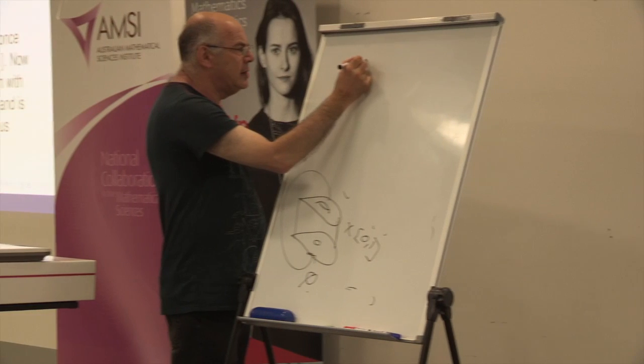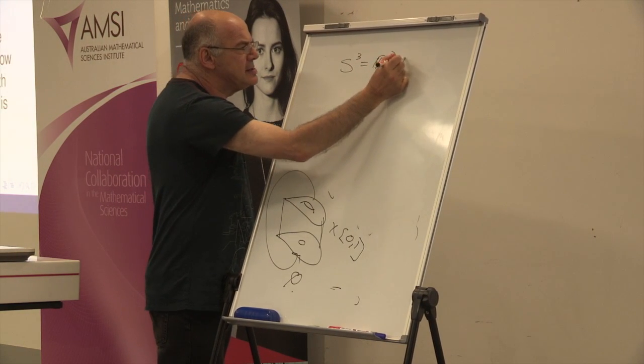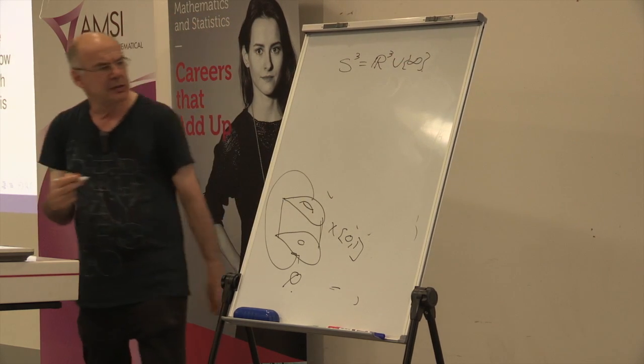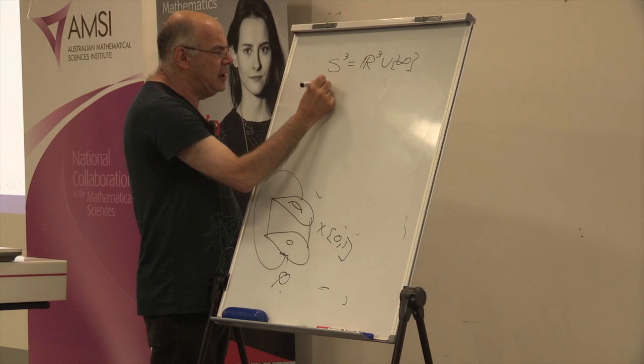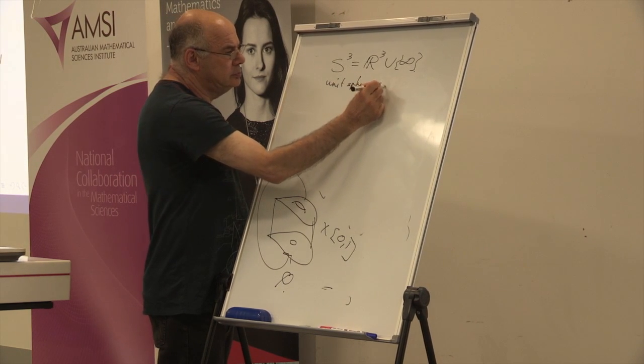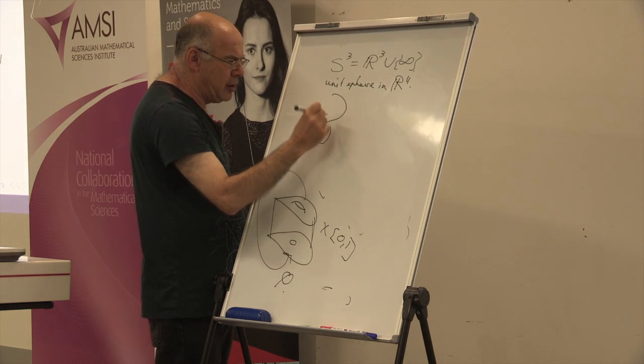So if we take the 3-sphere, which is Euclidean space where we add on a point at infinity to make it compact, so this is the unit sphere in R^4, we take the following very simple knot.